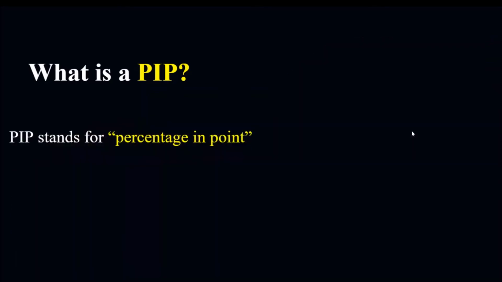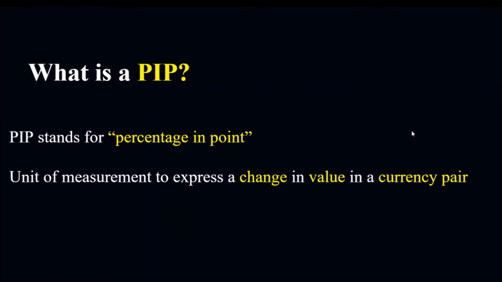So pip stands for percentage in point, and like I've sort of alluded to, it's a unit of measurement to express a change in value in a currency pair. Like I said, if we take the US dollar Swiss franc, if that market is moving up and down, it's moving in terms of pips. That's how we measure movements within the market.